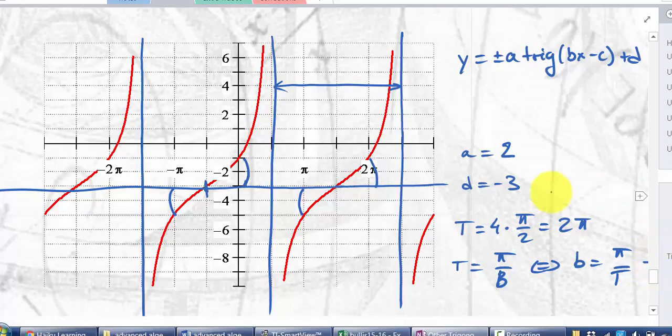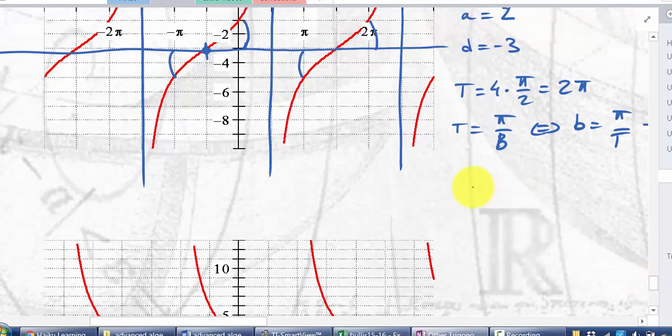Okay? And I want to call this graph a tan graph. So let's look at this one right here. Normally I haven't talked about phase shift. My phase shift for tan is 0, but here my phase shift is negative pi over 2, right? So it's exactly the same work that we did for all the other functions. So bx minus c equal to 0 will find your phase shift, okay?